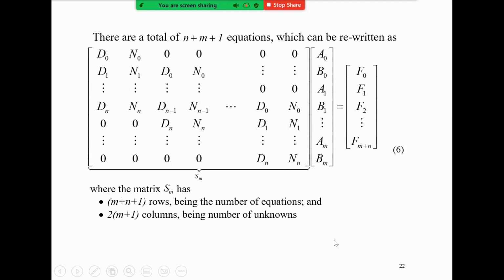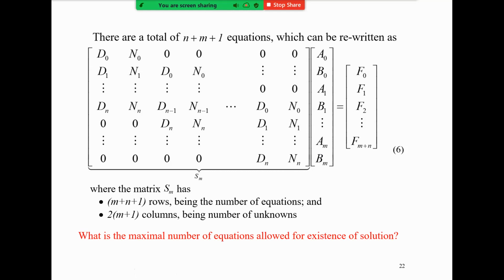Okay, now from linear algebra, you have learned what is kind of common sense, right? What is the maximum number of equations allowed for the existence of a solution? If you compare the number of equations and the number of unknowns, what is the condition for you to find the solution?